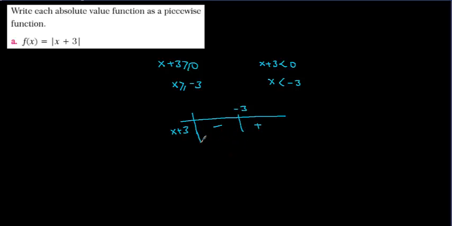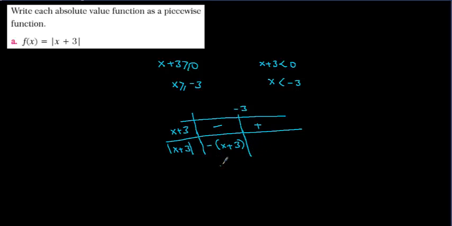Now I'm asking for the absolute value of x plus 3. The result always must be positive. So for a positive result, if the number is negative, you should multiply by a negative sign. The absolute value of x plus 3 should be minus x plus 3 to be positive, because the number is negative here.